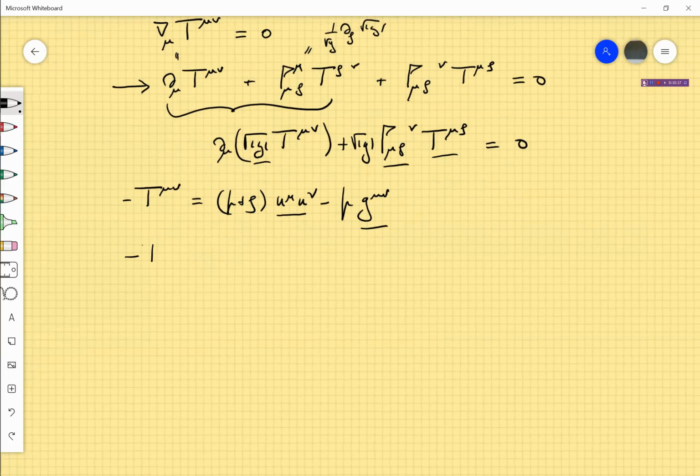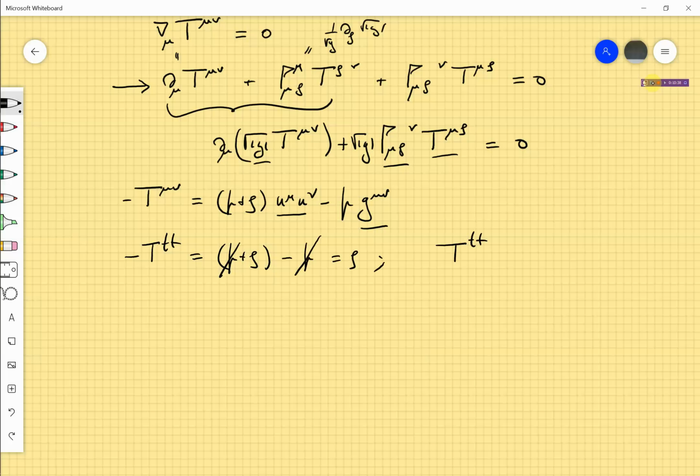Let's compute the components of the diagonal, 0, 0 or tt. Okay, this is p plus rho, and ut is 1, so you get 1 minus p, and gtt is also 1. These two terms cancel, and this is rho. So ttt is minus rho, which coincides with what I have told you happens in my conventions.